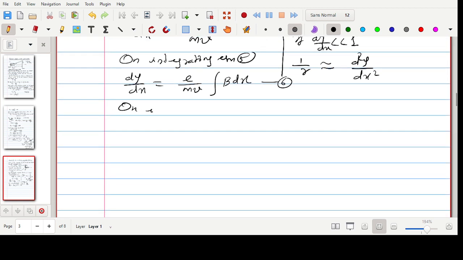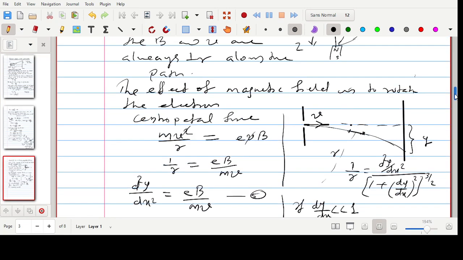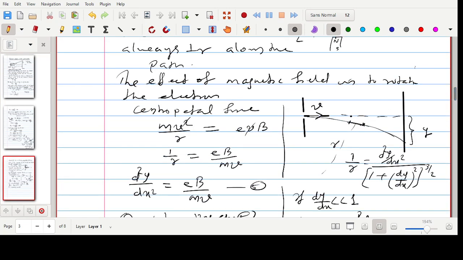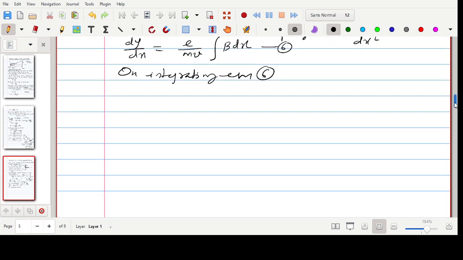On integrating equation 6 for finding y, y is the total shift, so you need to integrate along the total length. This total length is given as p, so you integrate from 0 to p.